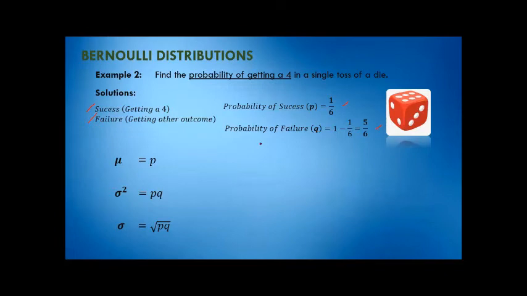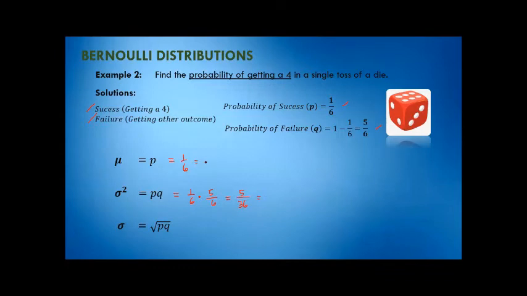So, yan yung kailangan natin para makompute yung mean, variance, and standard deviation. So, for the mean, the answer is 1/6. For the variance, we have 1/6 times 5/6. The answer is 5/36.